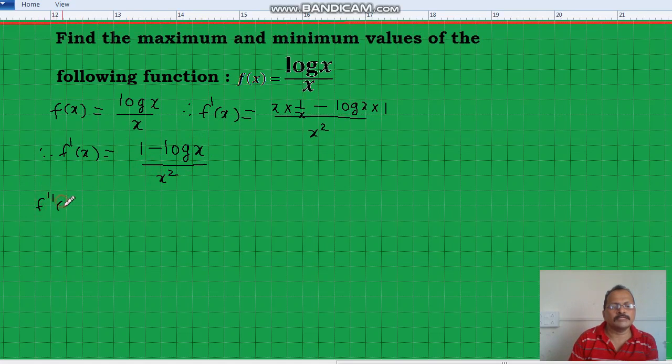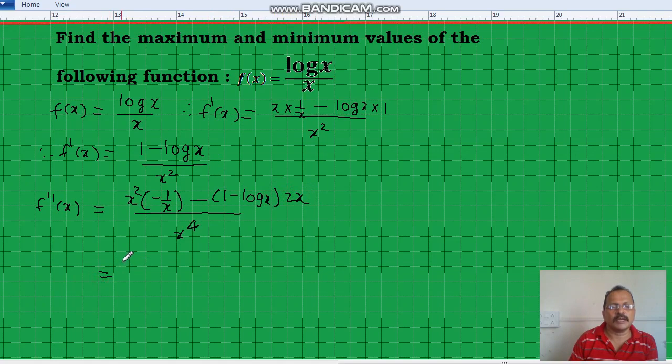f''(x), again use the u by v rule, x raised to 4 in the denominator, numerator: v into du by dx, that is x square into minus 1 by x, minus u, that is (1 minus log x), into derivative of x square, which is 2x.